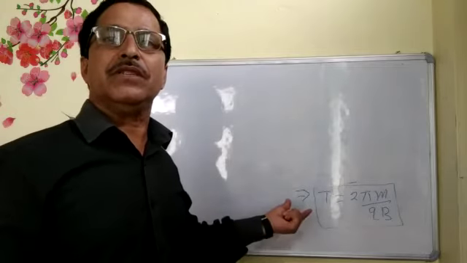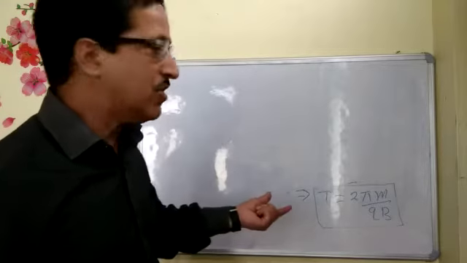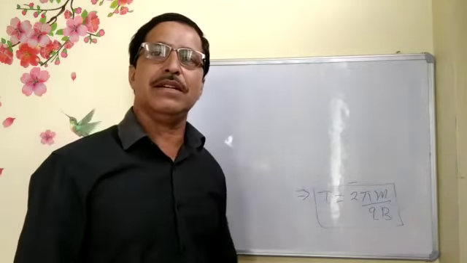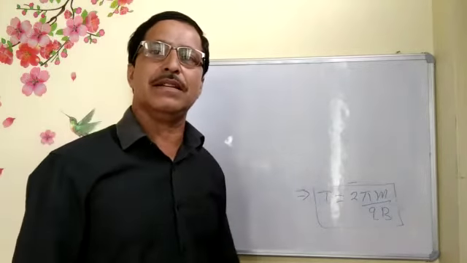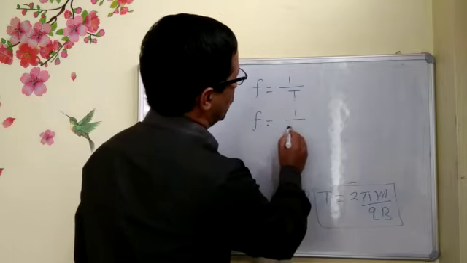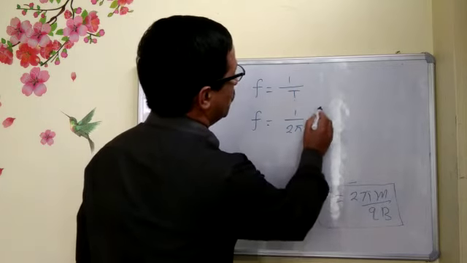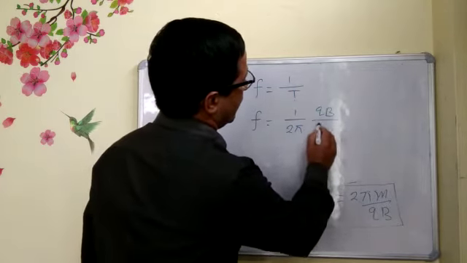From this expression, we can find out the frequency of revolution of the charged particle in the circle. We know that the frequency is the reciprocal of time period. So the frequency of revolution of this charged particle in the circular path will be 1 upon 2 pi into qB upon m.